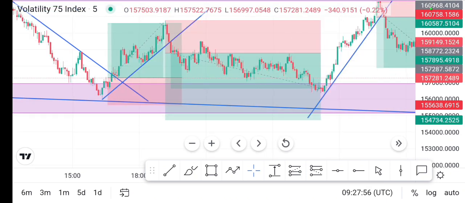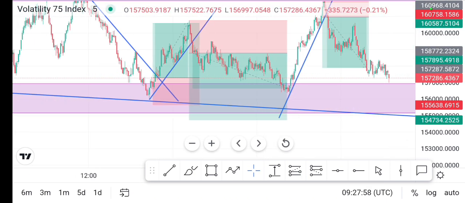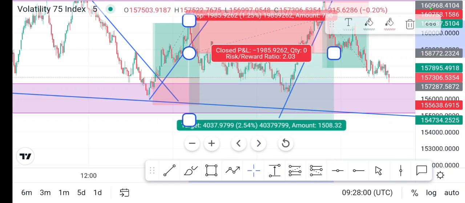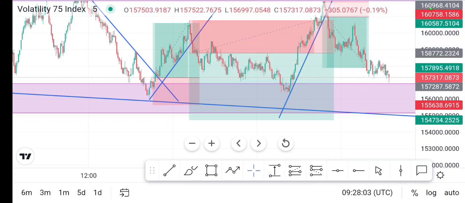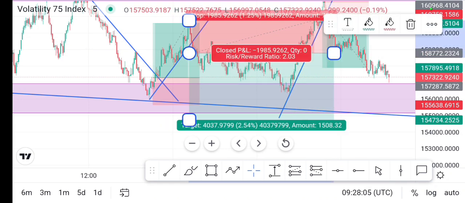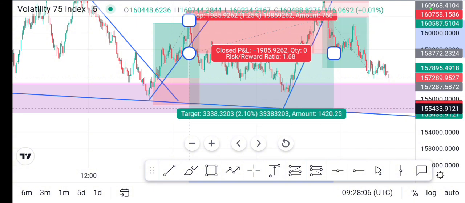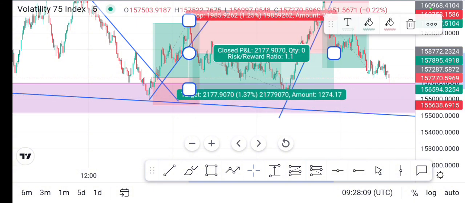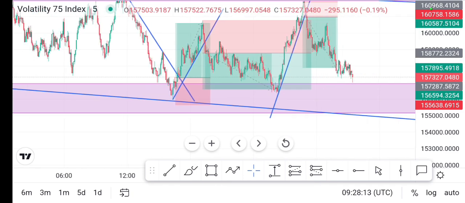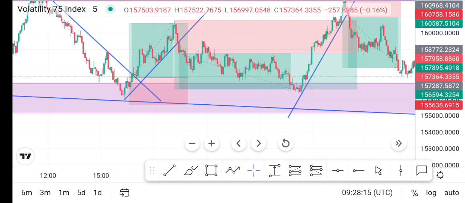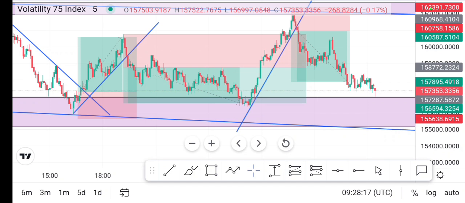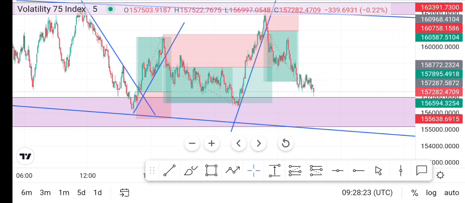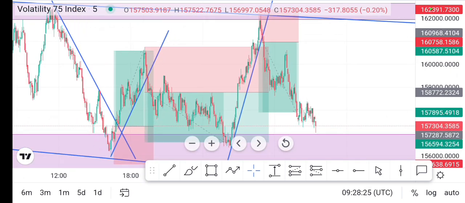Do you see? That is the problem with the ranging market. You can see that we didn't manage to hit 1 to 2 because we are on a ranging market. We just get 1 to 1. The stop loss was above, and they gave you 50% of what we were going to lose, and then they took your stop loss as well.